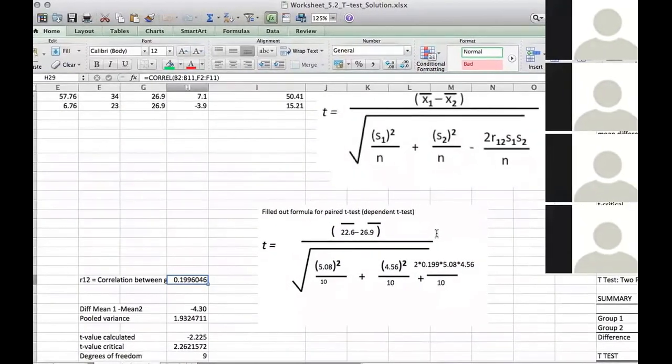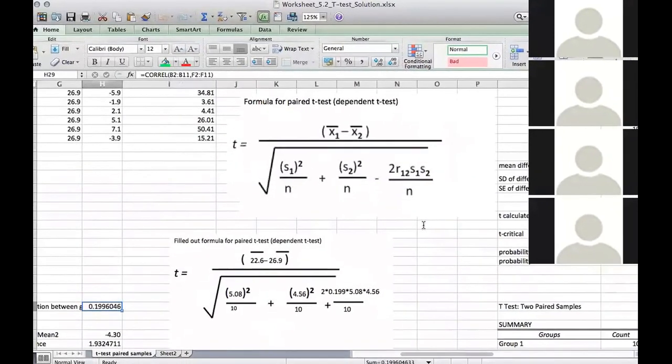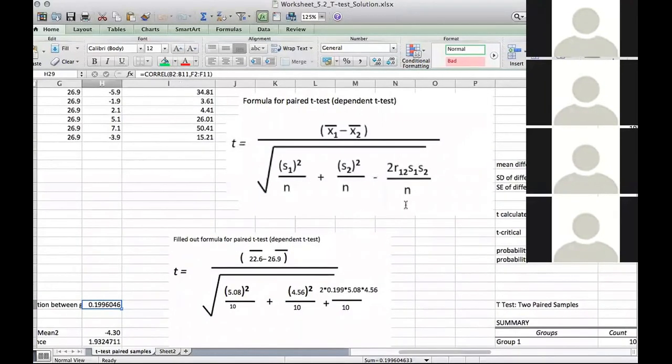Now, I want to point something out to you guys really quick. Let's imagine that these two samples are unrelated, which would mean a correlation of 0. There's 0 relationship. If we plug that 0 into this formula for the dependent t-test, we would get 2 times the correlation of 0, so 2 times 0 is 0.